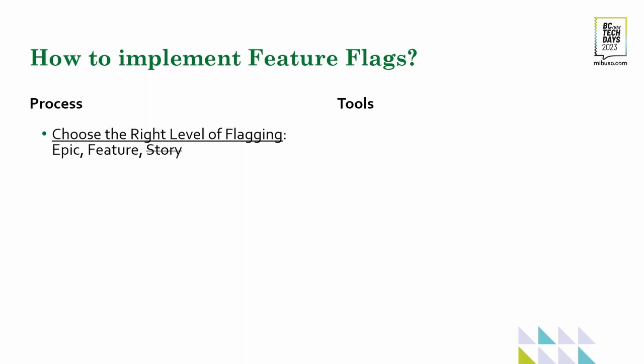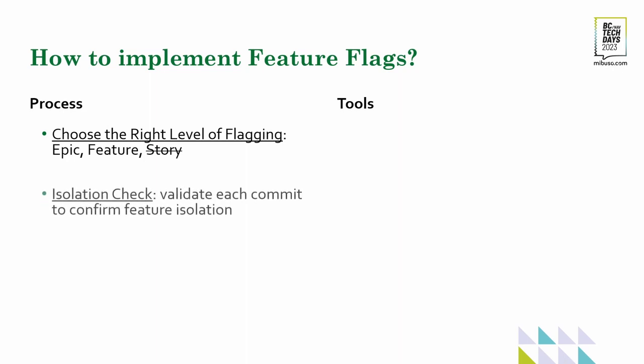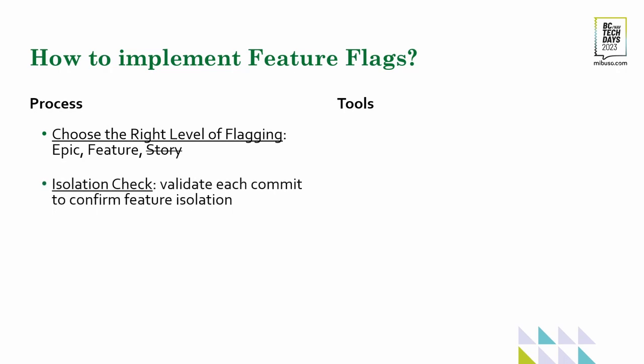You've seen that in the example for the feature flag, we're doing this kind of integration. This is part of your pull request review within your pipeline. So what you're introducing as part of your pull request review is this isolation check.